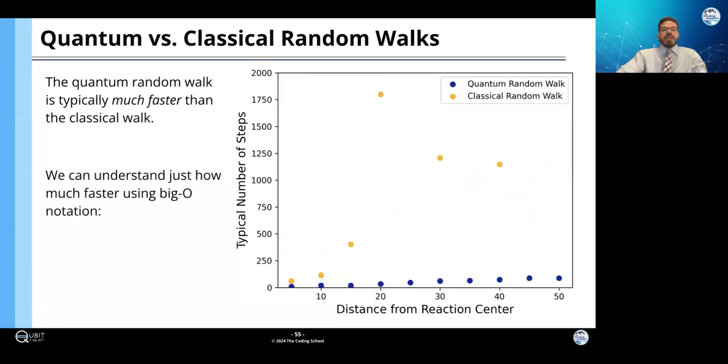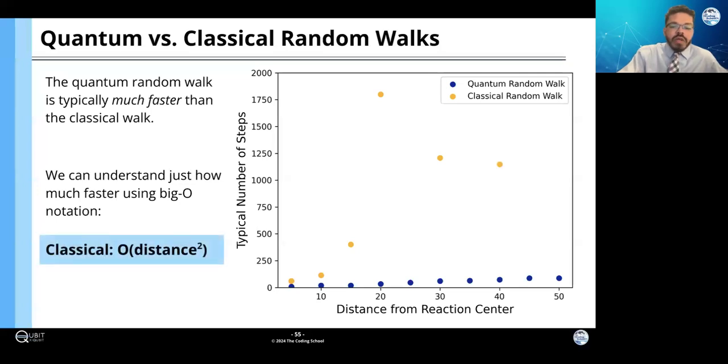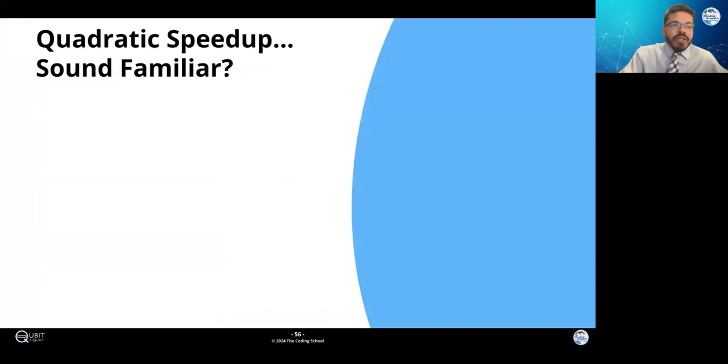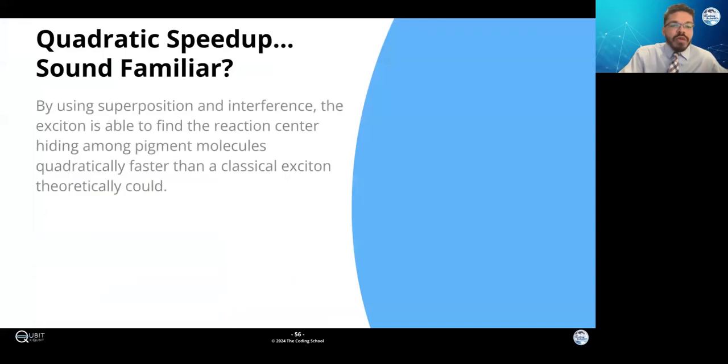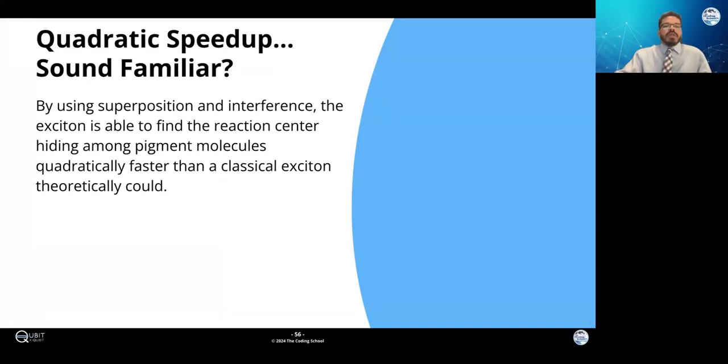We can understand that speedup using big O notation. A classical random walk scales such that the number of steps you need to take scales as the square of the distance from where you want to be. Our quantum random walk scales linearly. My hope is that this looks familiar to you. This is a quadratic speedup, and that may sound familiar because this exciton uses superposition and interference to find the reaction center more quickly.